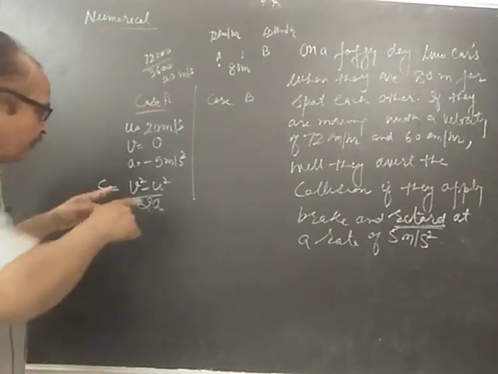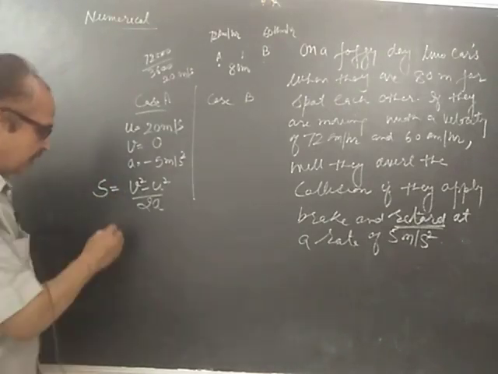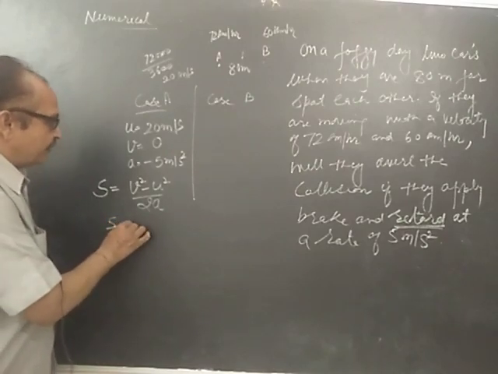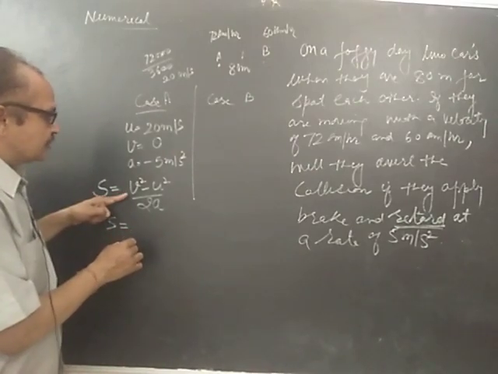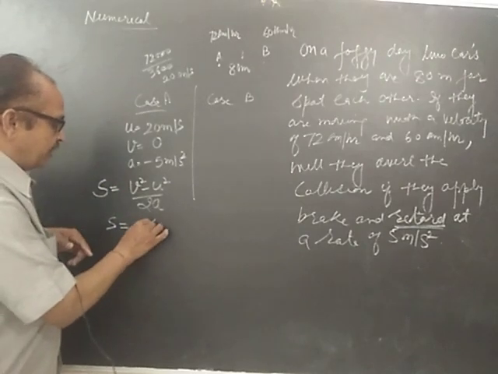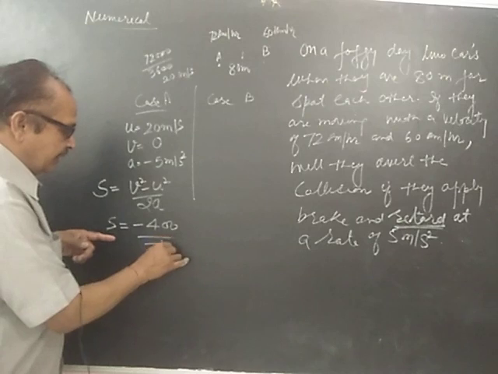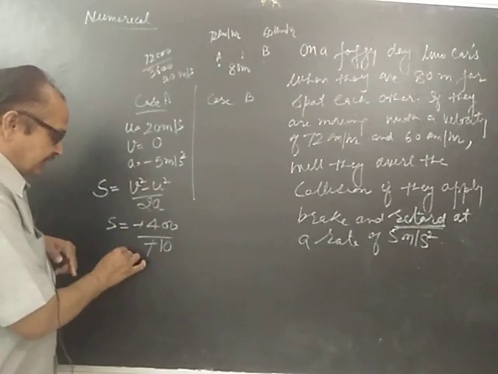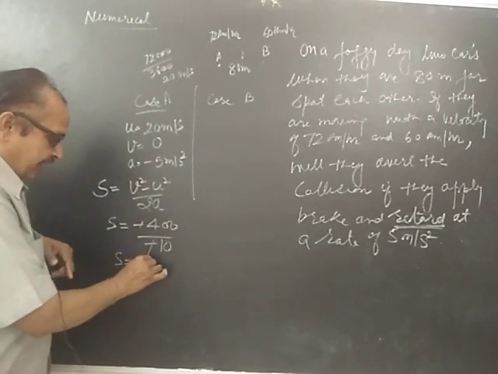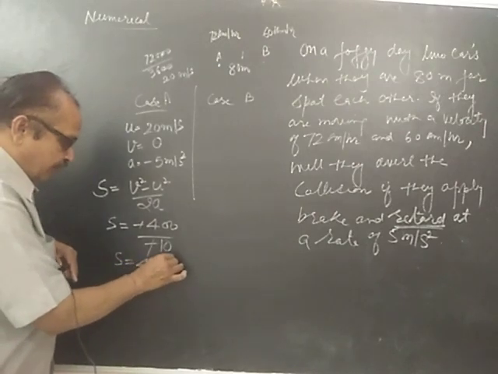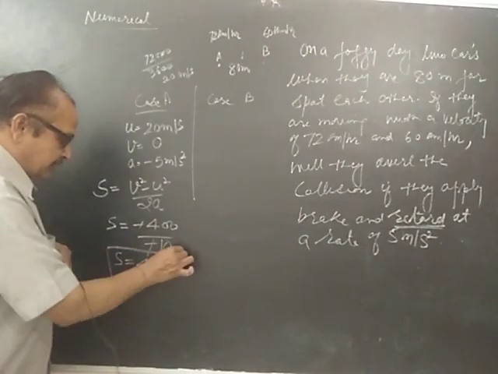So when we apply these values, what do we get? S is equal to 0 minus 400 over minus 10, and the minus signs cancel, and we get 40 meters.